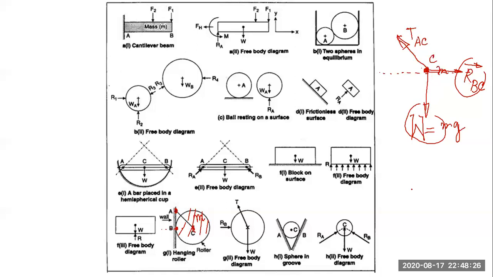Obviously, the resultant force of these two will be the diagonal, as per the parallelogram law. You have already studied this. So the resultant force of W and RBC is this one.